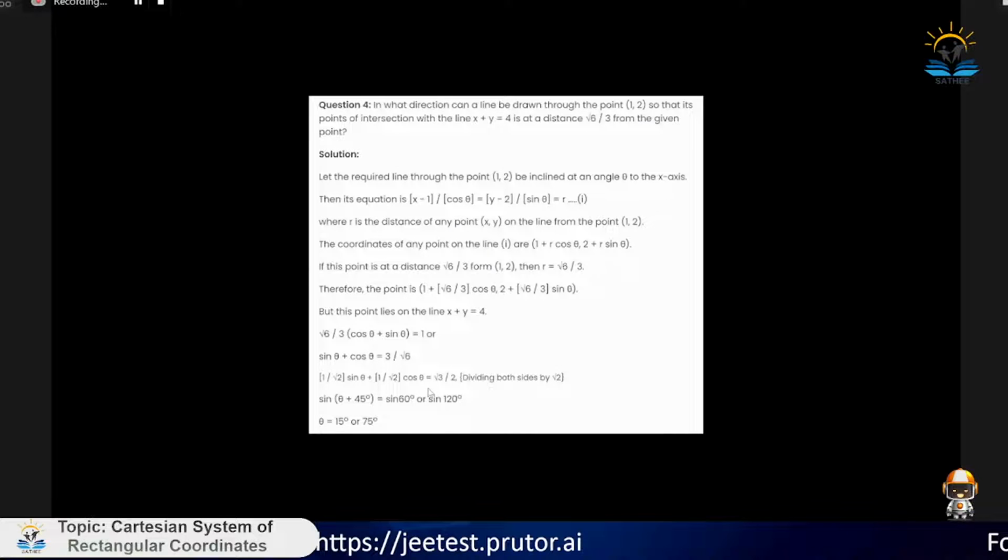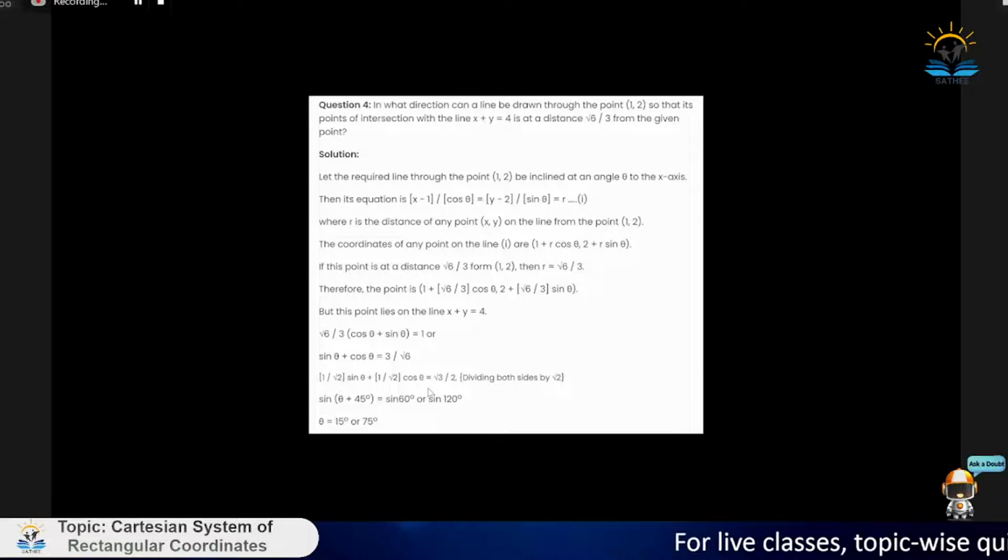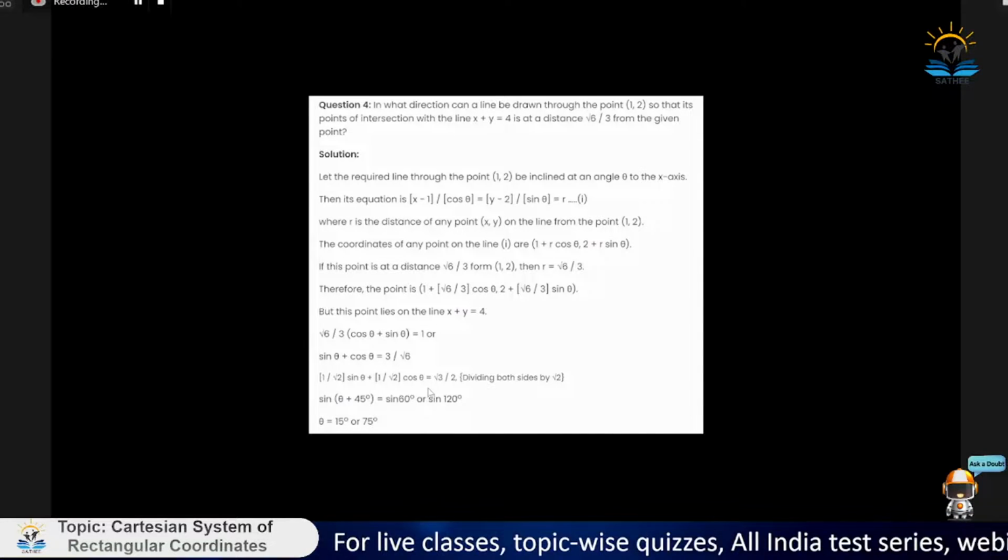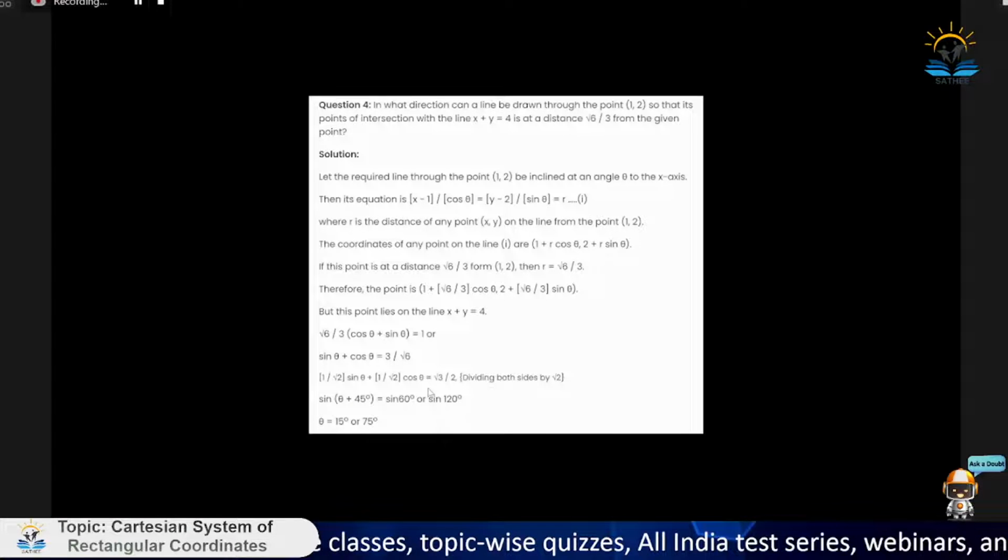And for the fourth question, in what direction can a line be drawn through the point 1 comma 2, so that its point of intersection with the line x plus y equal to 4 is at a distance of root 6 by 3 from the given point. So here we have given the angle and the point and the distance. We have to find the coordinates of the point, which is at a distance root 6 by 3.